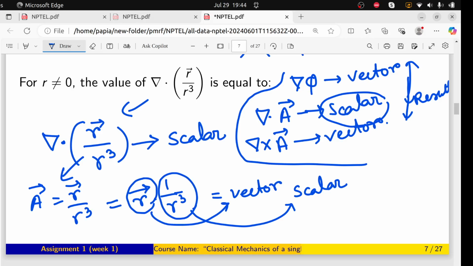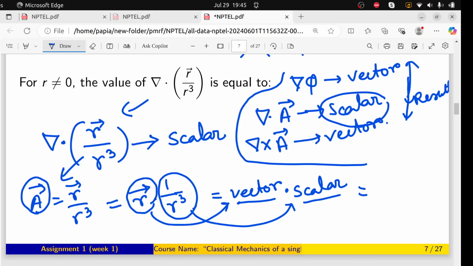Now you can see our A cap was a vector which is r vector divided by r cube, and in that vector one factor is a vector and another is a scalar. So the multiplication of a vector and a scalar gives me a vector. As a whole, r vector divided by r cube is a vector, which is nothing but the multiplication of a vector and a scalar.